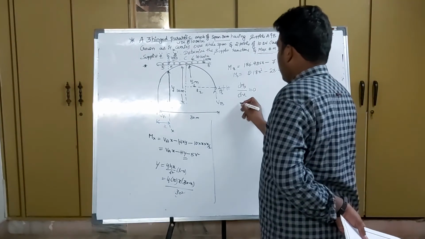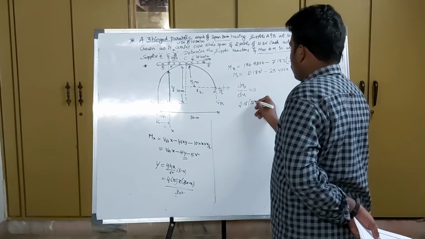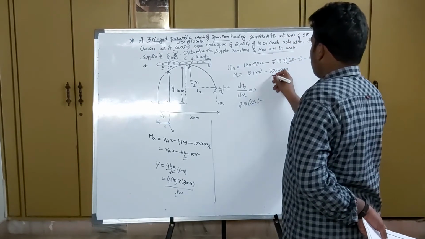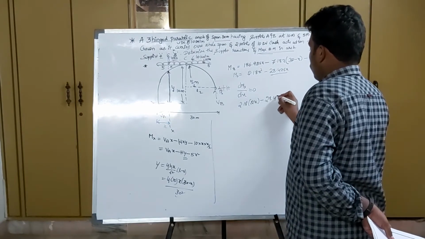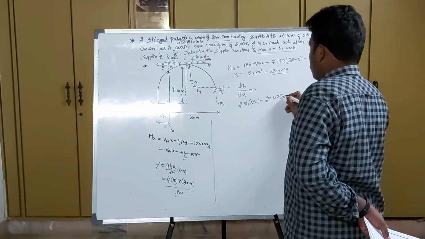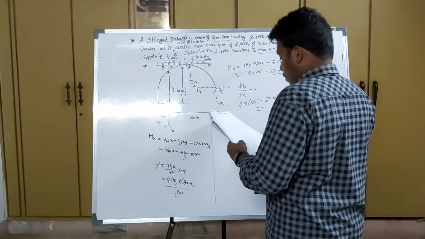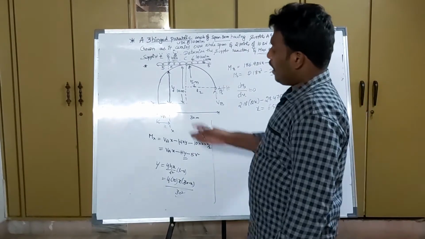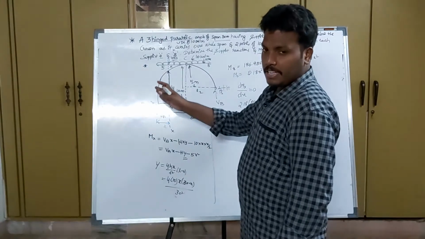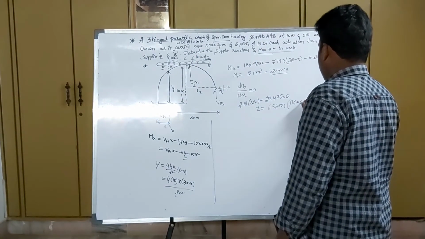So differentiating 2.18x square gives 2 times 2.18x, minus the differentiation of 28.475x, which is 28.475, equal to 0 here, where x is equal to 6.53 meters. So from the left, at a distance of 6.53 meters, there are chances of the maximum bending moment occurring.